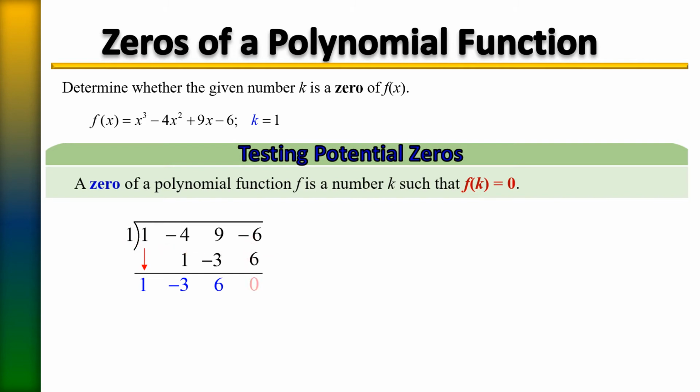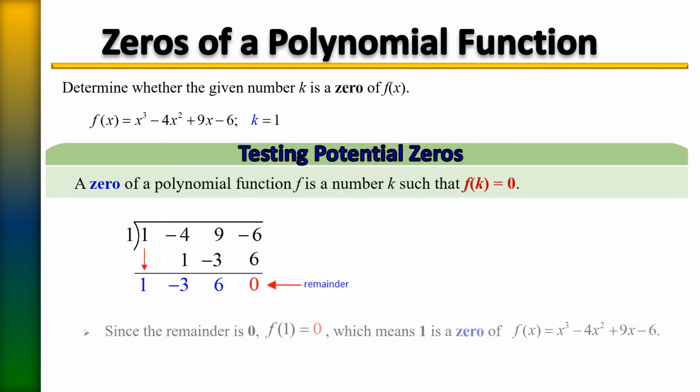Bring down 0, we have a remainder of 0, so therefore there is your proof that 1 is a zero of the given function, because f(1) equals 0. And there you have it, testing potential zeros using the remainder theorem.